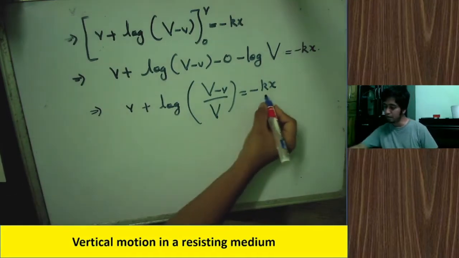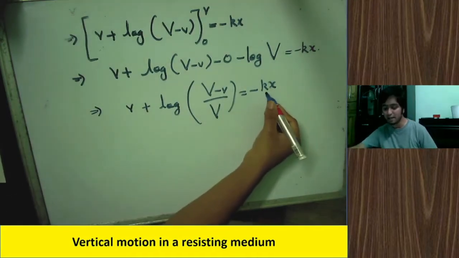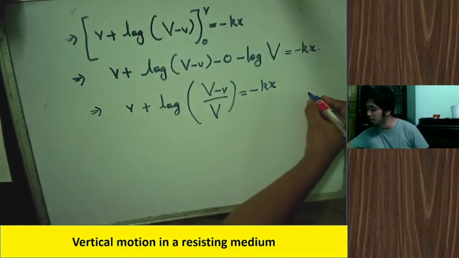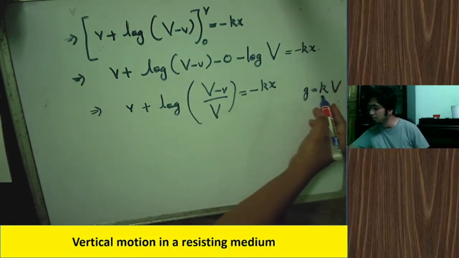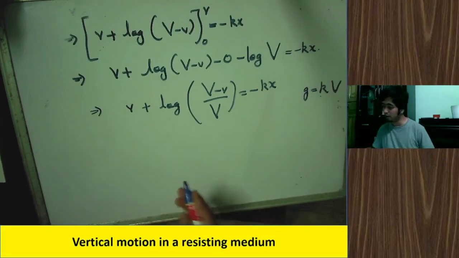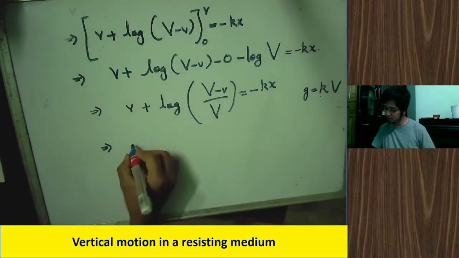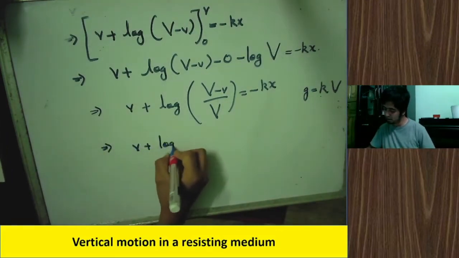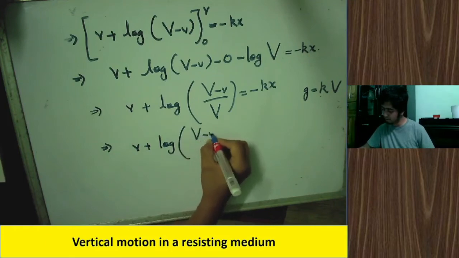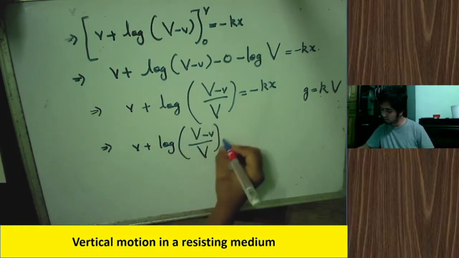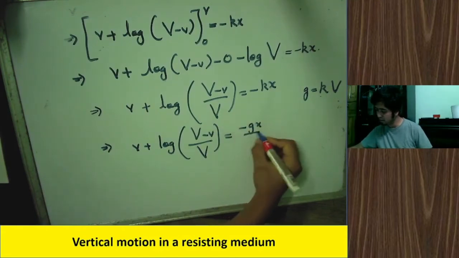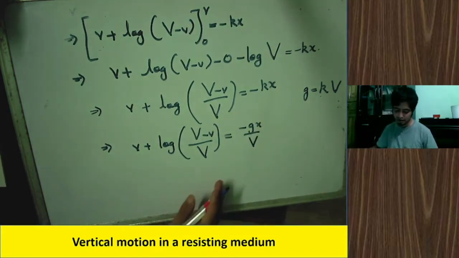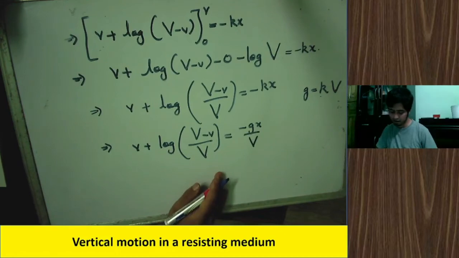If you remember, k is gx upon v, because the expression was g equal kV, so k will be g upon capital V. So this is the required expression number 3.